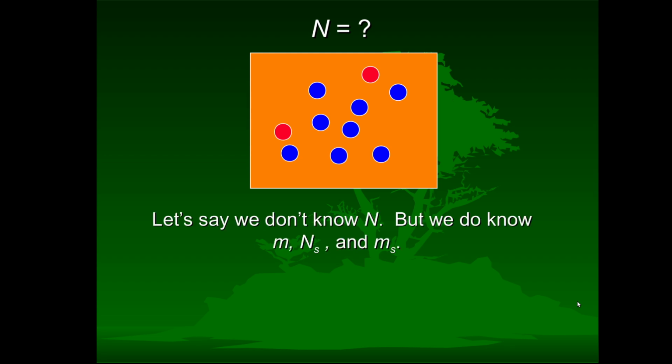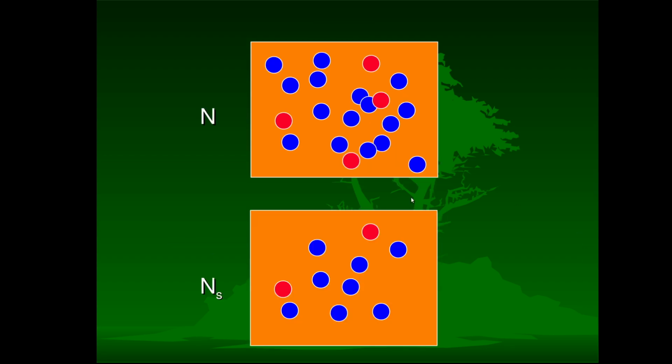Okay, so in other words, we've got the individuals that we're trying to count, and we have the sample. And the proportion marked in the sample should be the same proportion marked in the total.